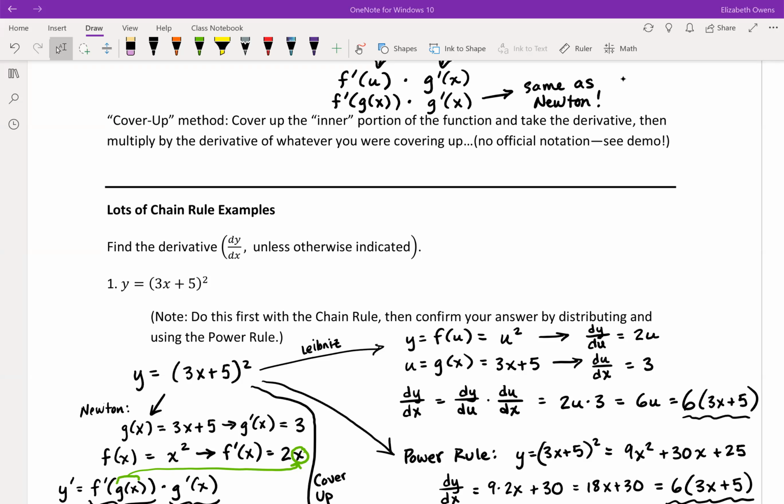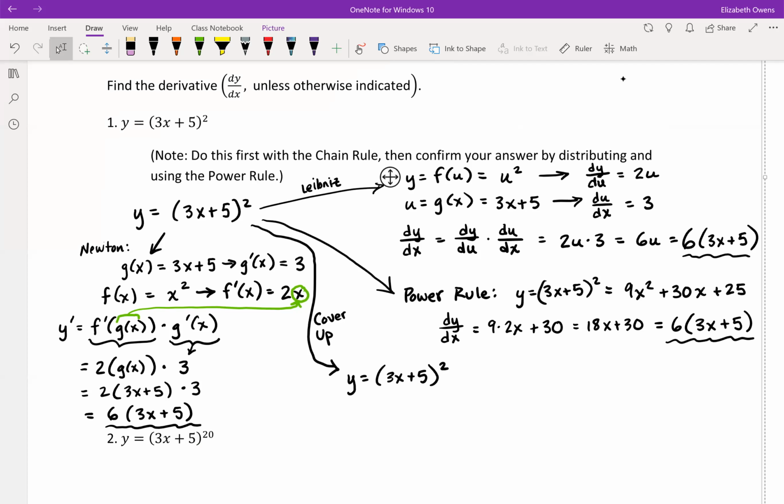Okay, so to cover up the inner portion, we would want to cover 3x plus 5. I'm going to do it by drawing over it with a pen here because I can, because it'll erase real quick. But on your page, you might just want to cover that up with a hand or a finger or another piece of paper or something.